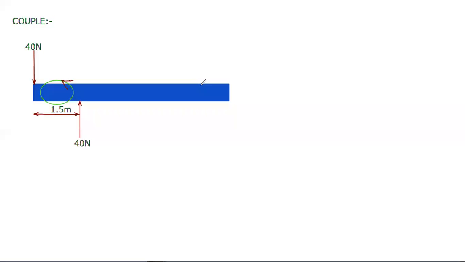It will produce the same effect on the body. In simple language, we can say that the value of couple, that is the moment by the couple, will remain constant all over this shaft. Okay, so this is the main characteristic of the couple.